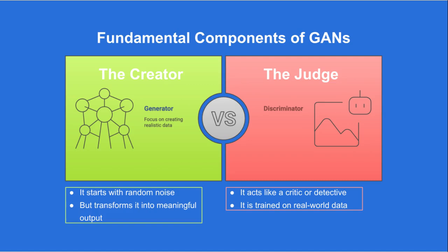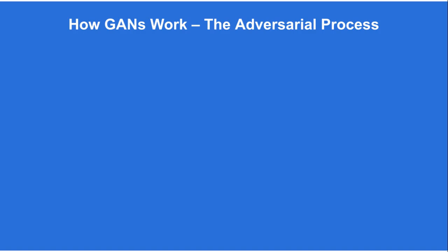When the generator creates synthetic data, the discriminator evaluates it by comparing it to real data, aiming to distinguish between genuine and AI-generated content. Imagine it as an art critic carefully examining a painting to determine whether it is an original or a forgery. GANs operate as a game between the generator and the discriminator, a constant battle of improvement.